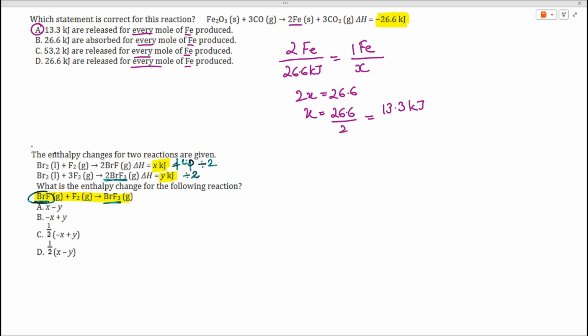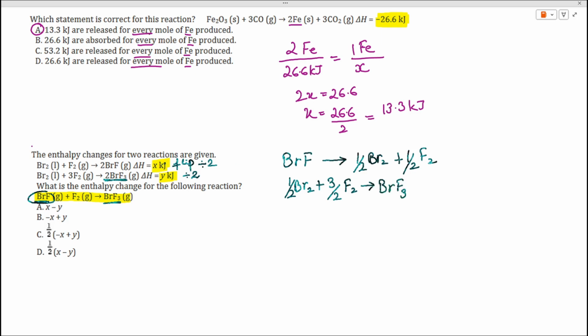If we flip the first equation, which means changing reactants into products and products into reactants, we have BrF, 1 mole of it, gives us half Br2 and half F2. So I flipped and divided by 2. Now I'm going to take the second equation and divide it by 2 as well. So we have half Br2 plus 3 over 2 F2 gives us BrF3.